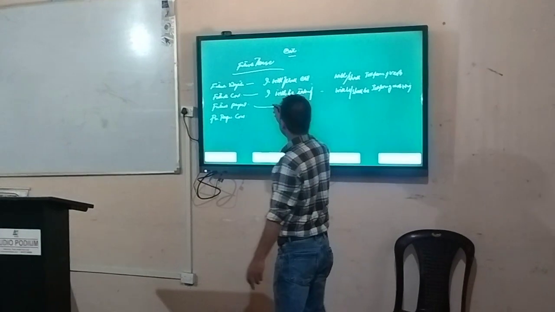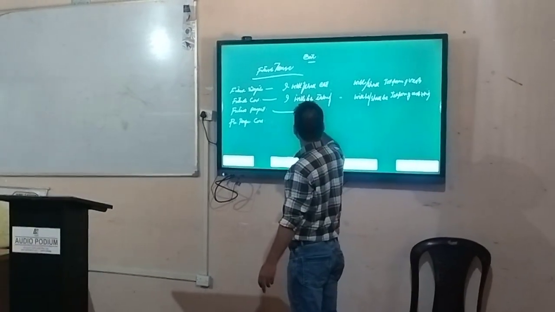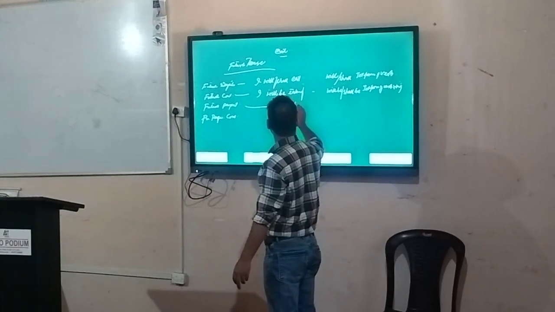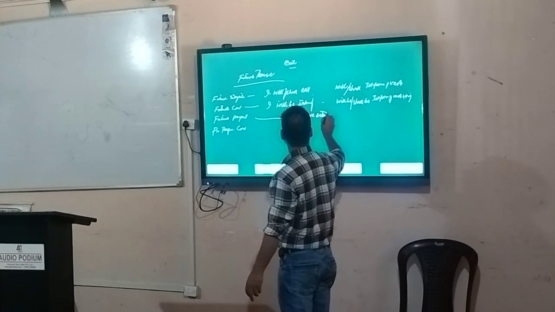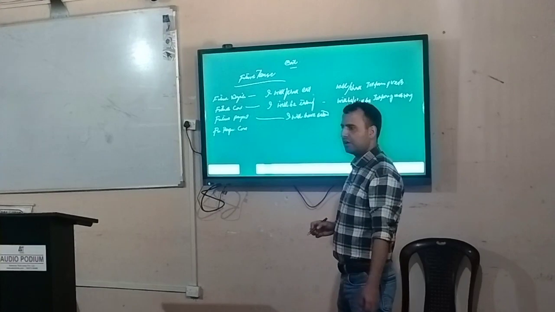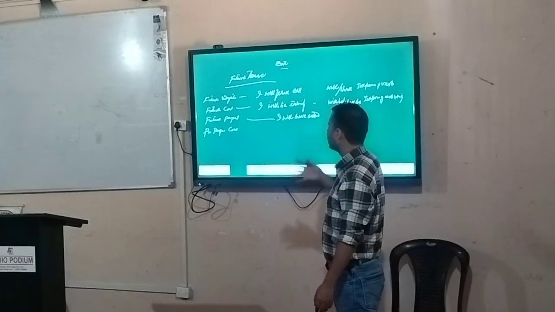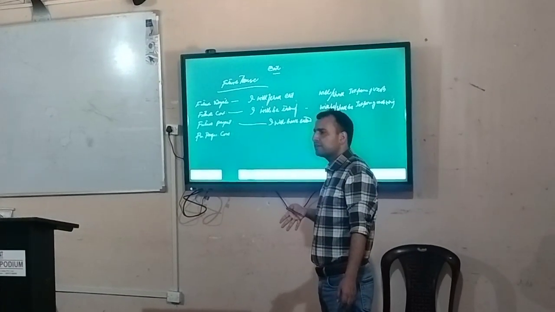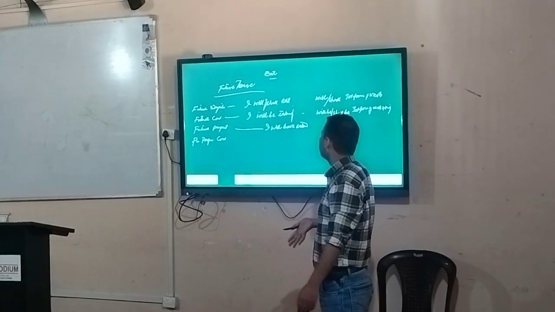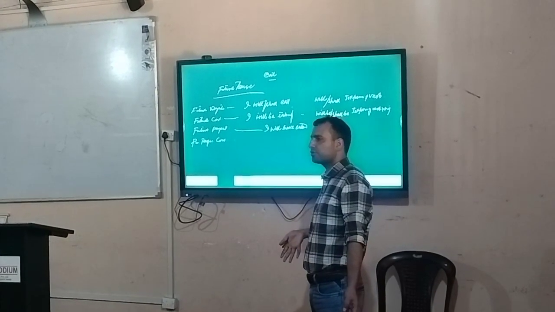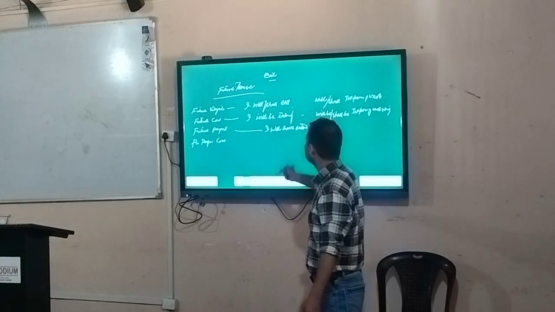Future perfect. I will have eaten. You know, when there is will, you have to always use have there. We cannot use has or had. Simply, I will have eaten. You can't use has after will.